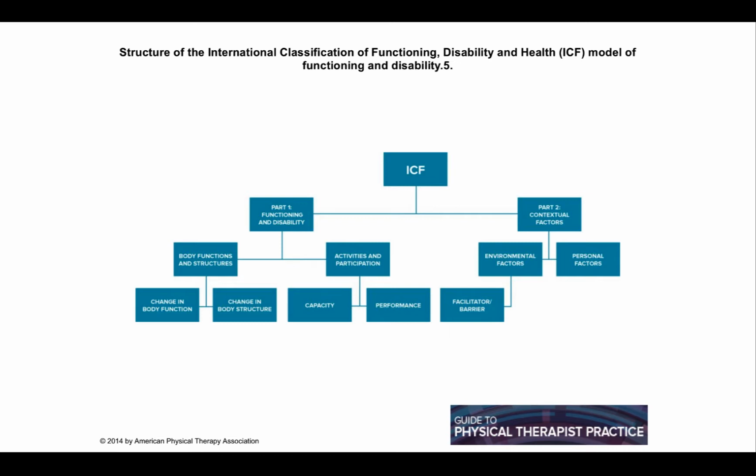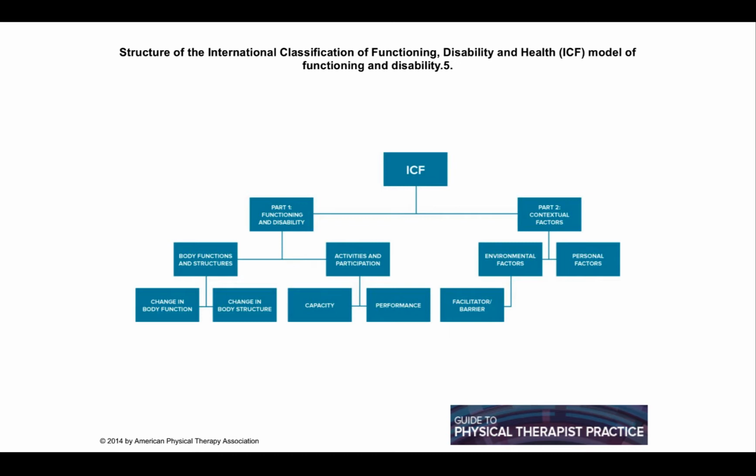Also social attitudes, the legal and social structures that the person lives with or in, climate factors, things like that. And then personal factors that affect how a person experiences their disability or their functioning include things like their age, their coping styles, their social background, their education, their own personal behaviors and patterns, and things like that.